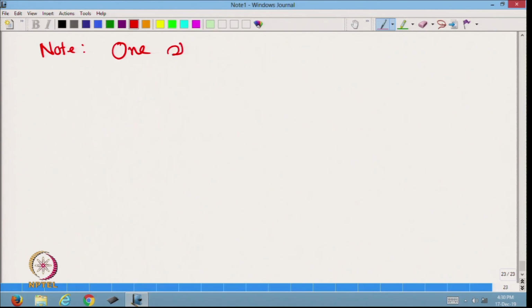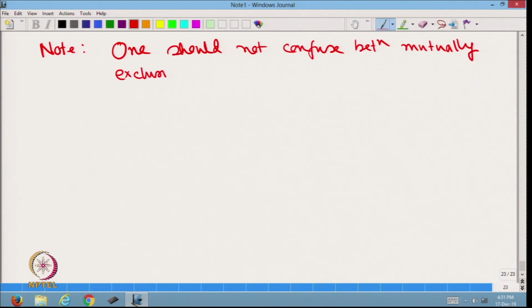One should not confuse between mutually exclusive events and mutually independent events.